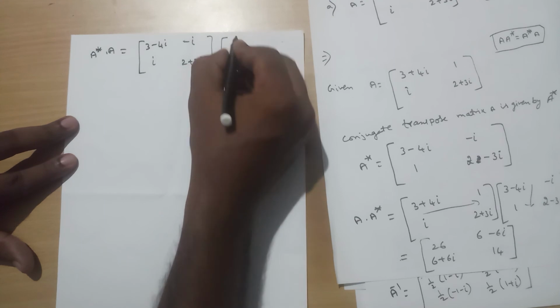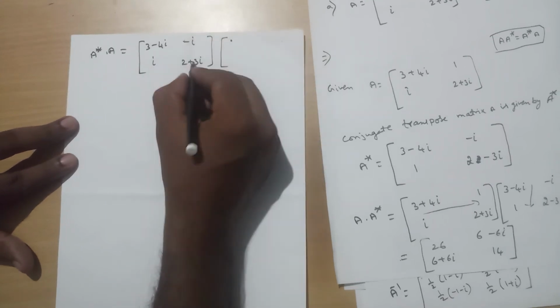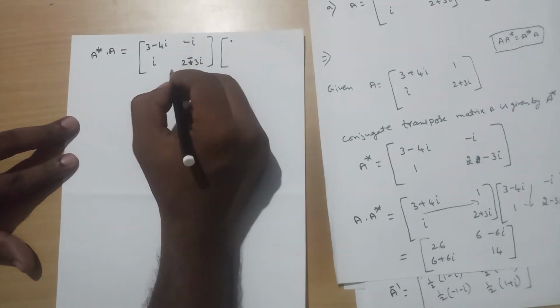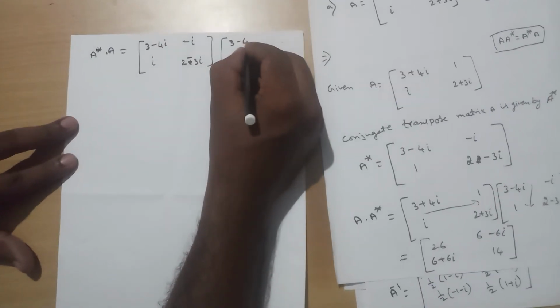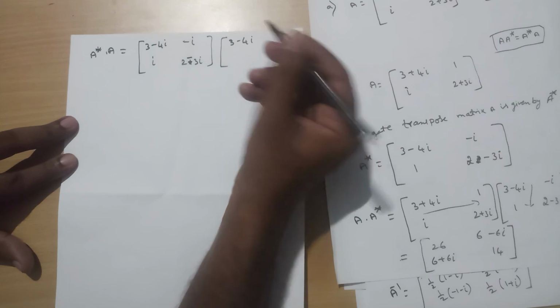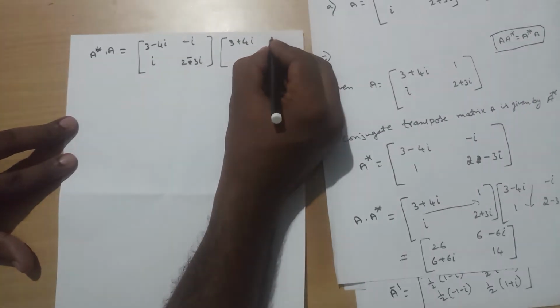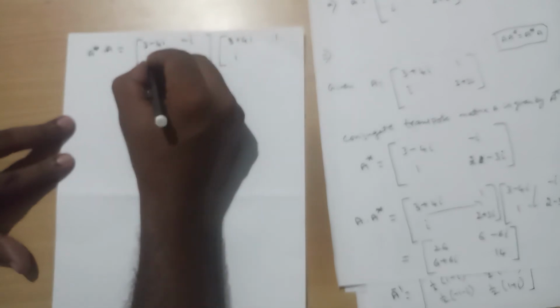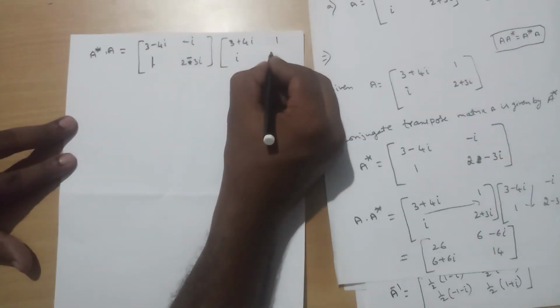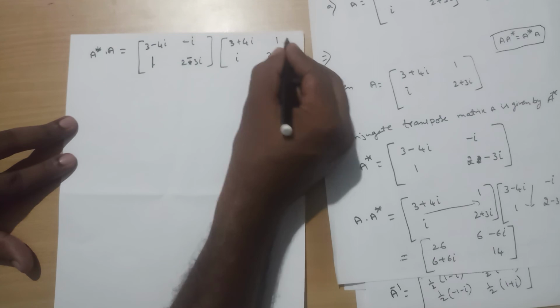So here 2 minus 3i, this is okay. 3 minus 4i, so plus i, and here you get 1, so it is minus i, so this is 1, okay, i, 2 plus 3i.